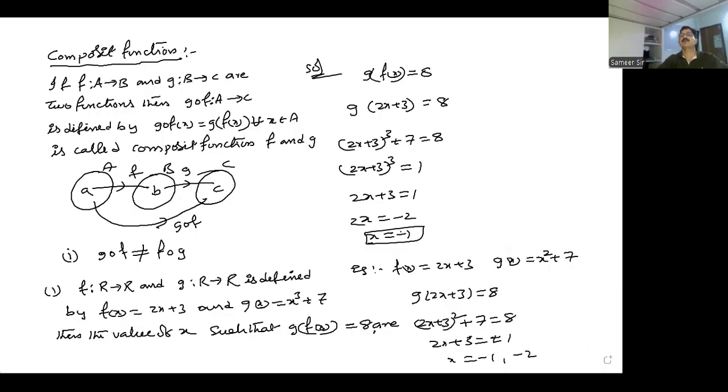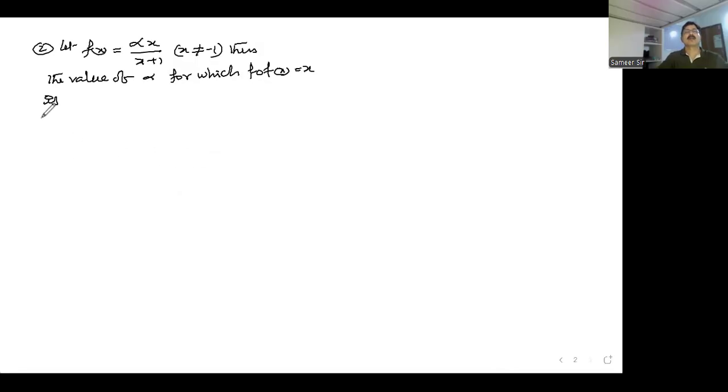Okay, we'll move on to the next one, guys. Yeah, you see the second question. It is given in one of the PYQs. He has given like this, and a condition also he has given. This is a condition. You see this, f of x means what?